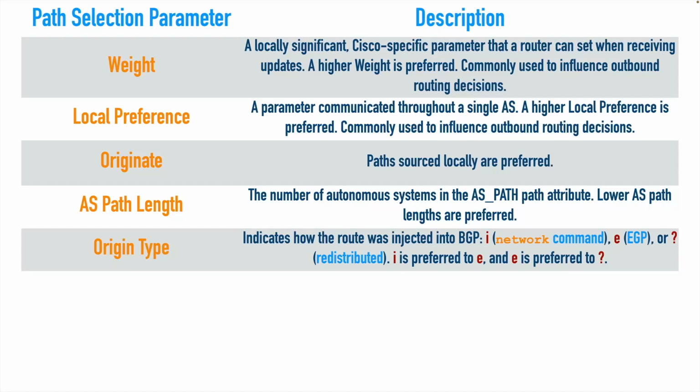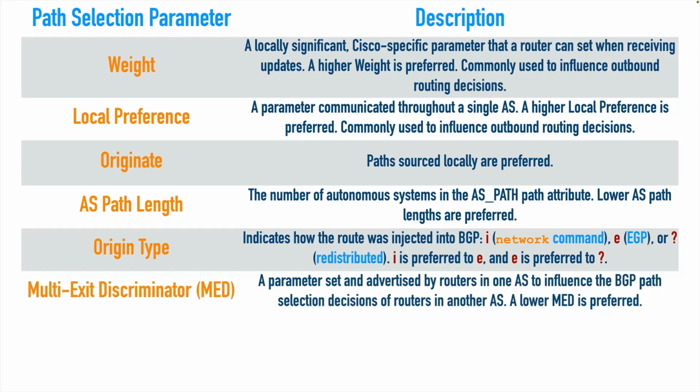So we've got really two potential, because you'll never see the E, but technically we've got three potential origin types, I, E, and question mark. And I is preferred to E, and E is preferred to question mark. So real world, we'll never see the E. What we're saying is a network learned by the network command is going to be preferred over a network learned via a redistribution.